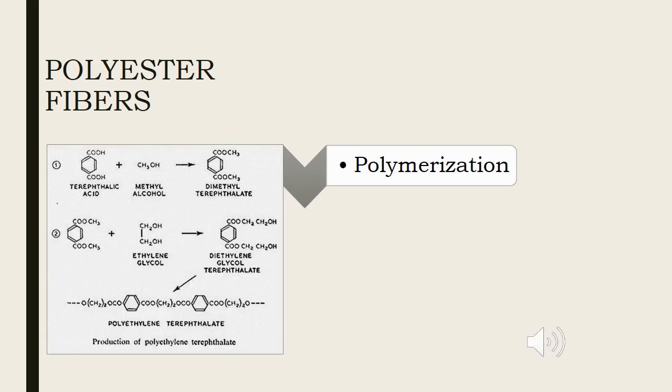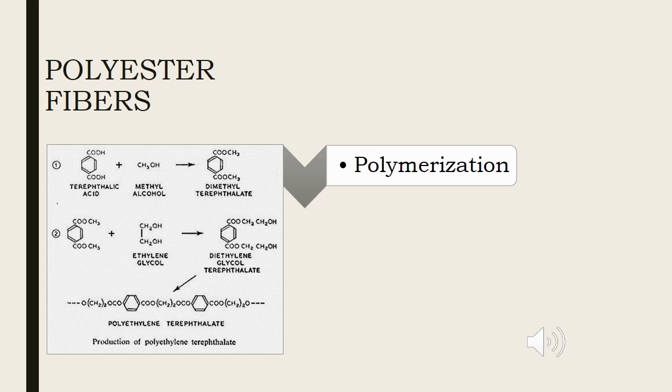Polymerization. Polyethylene terephthalate is a condensation polymer and is industrially produced by reacting either terephthalic acid or dimethyl terephthalate with ethylene glycol. To form polyester, dimethyl terephthalate is first reacted with ethylene glycol in the presence of a catalyst at a temperature of 302 to 410 degrees Fahrenheit, or 150 to 210 degrees centigrade.